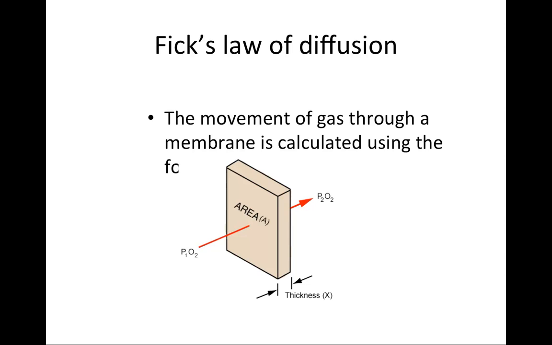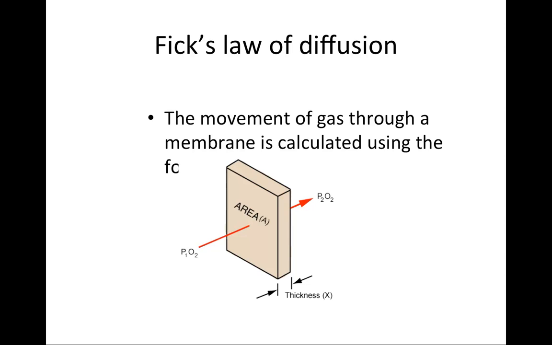You'll find it in your text, but the flow of gas is related to the surface area that's available, and the thickness of the alveolar wall or alveolar membrane, whatever we're looking at, the thickness of the substance that it's passing through.